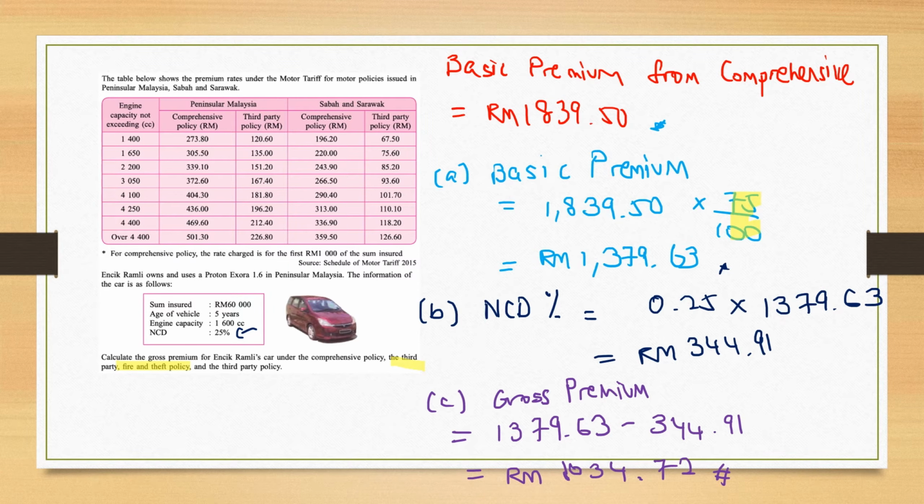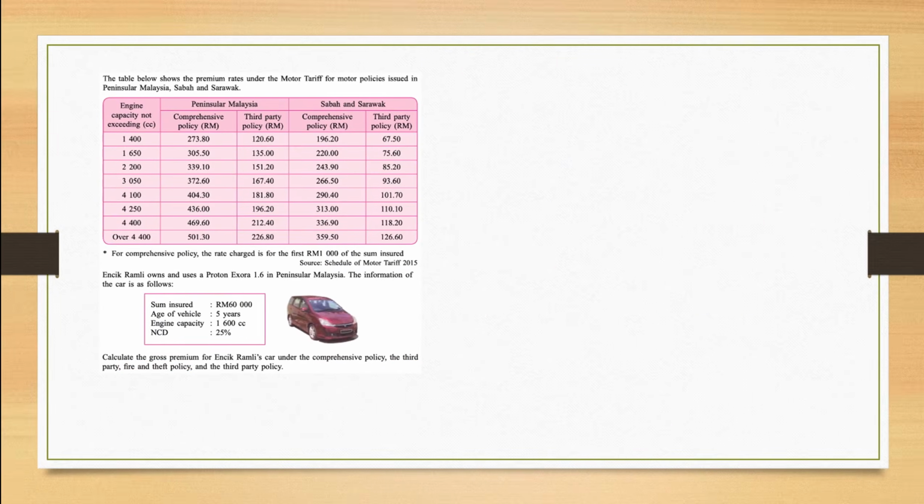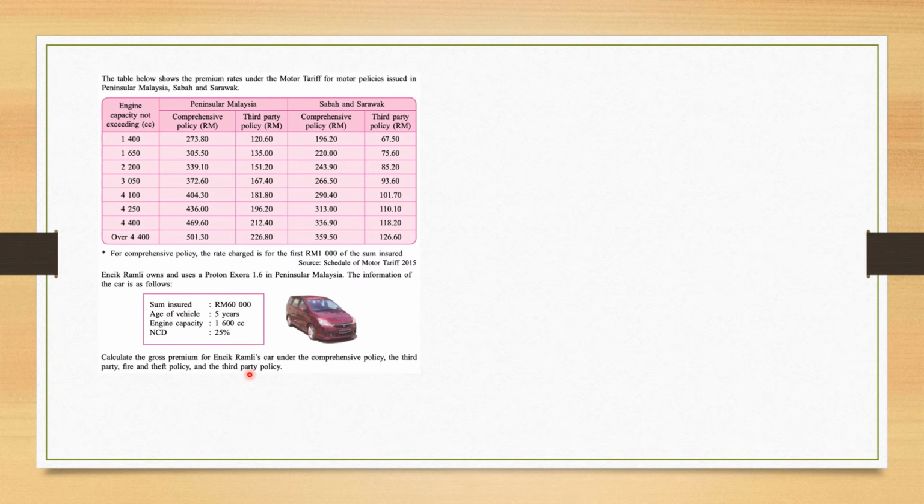So for this question, I did the normal minus of the NCD amount right here. For the next question, let's do it with times 75%. So for the last one is the third party policy right here.